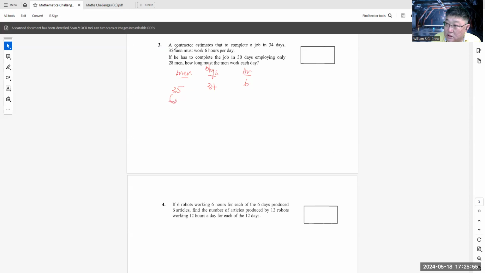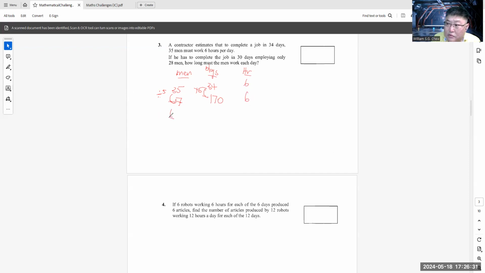I can divide 35 by 5 and get 7 men, which therefore need to work more days. This is divided by 5, so this has to be times 5, right? These two are inversely proportional to each other. So 34 times 5, I have 170 days. Still working 6 hours a day, no change in the hours. So I have 7 men.